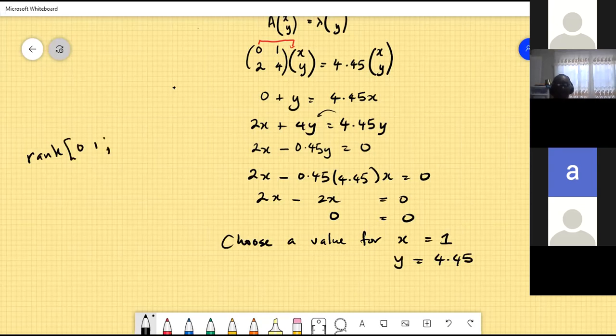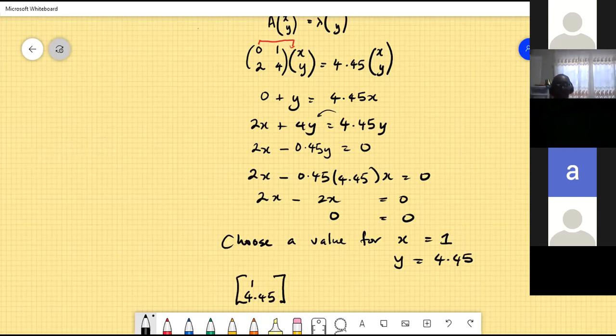We'll get to 7, no problems. All right, so the first eigenvalue is going to be 4.45. Now, when you see MATLAB, MATLAB is going to give us a different answer.